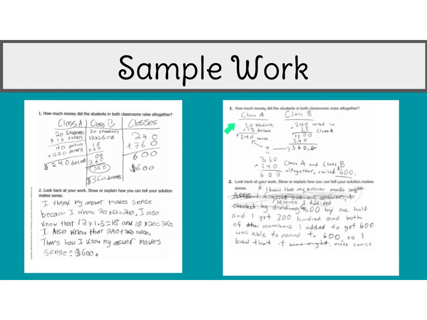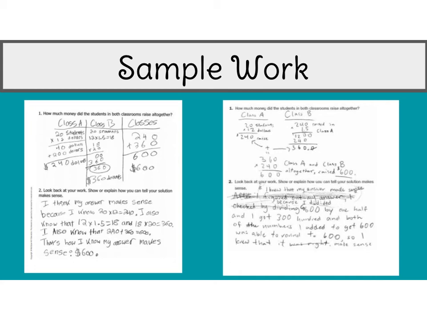Student B listed Class A, Class B. We have 20 students times $12, $240. It says raise. Class B, we have 240 raised. I think that's a multiplication sign, kind of hard to tell. We're going to say that it is 1 and 5/10. They got 360. It shows a plus sign in between there, so they're adding those two numbers. They got $600. Class A and Class B altogether raised $600.